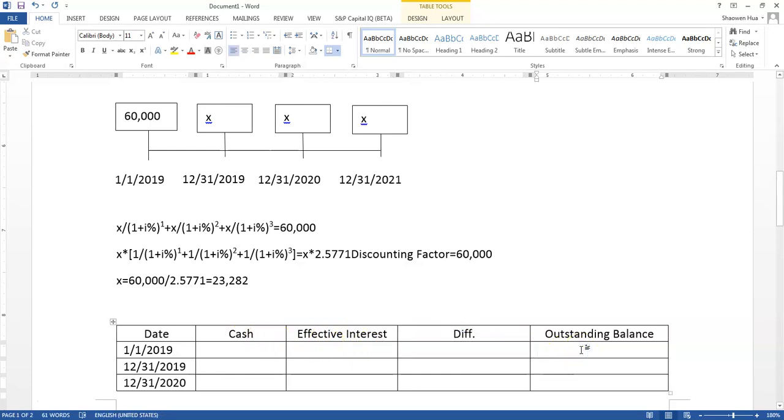The beginning debt you owe to the lender on January 1st, 2019 is $60,000. And then 1 year later, you are going to make the payment we calculated here, $23,282. From January 1st to December 31st, you accumulated 1 year of interest.